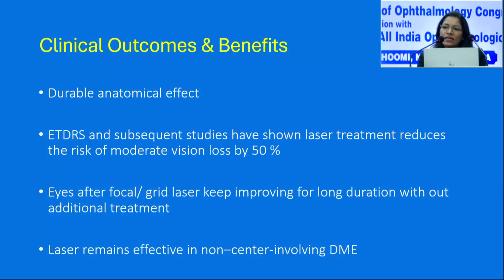As per ETDRS and other studies, it reduces moderate vision loss by 50%, and it is very economical. Eyes after focal or grid laser keep improving even without additional treatment. Laser remains an effective treatment in non-center involving DME.